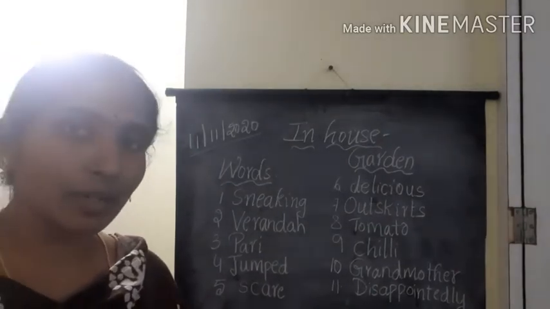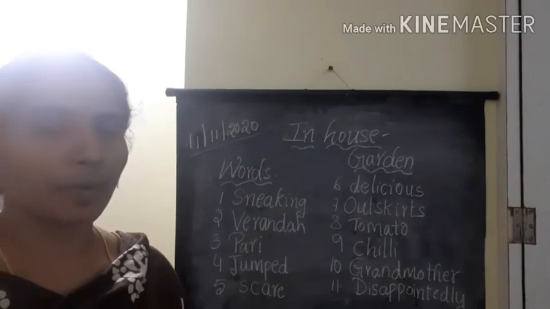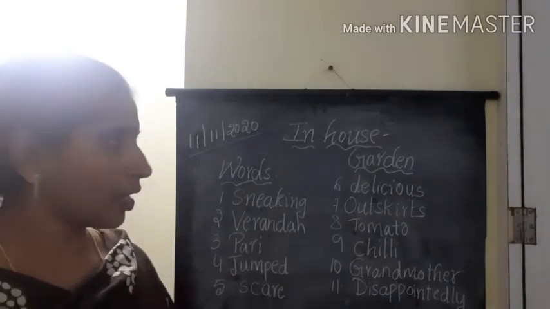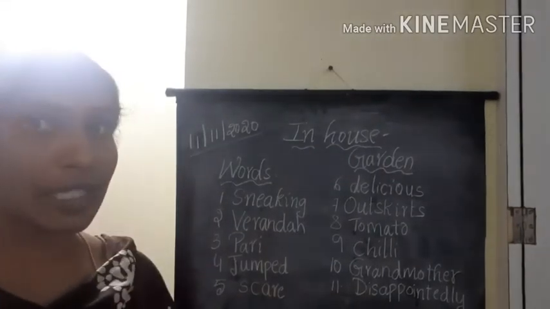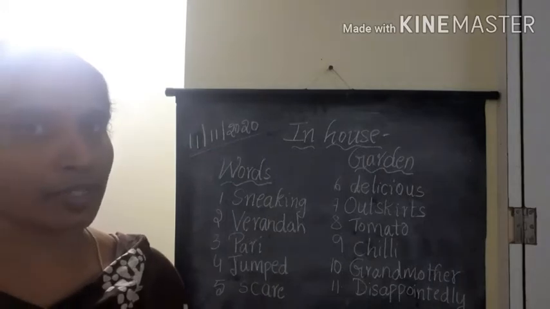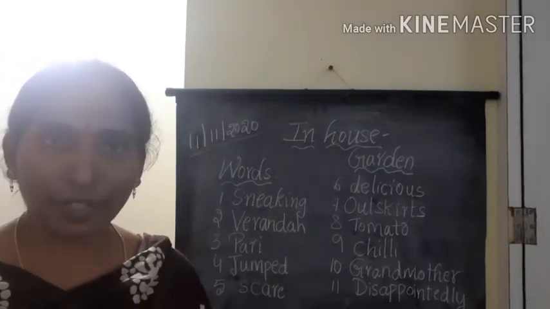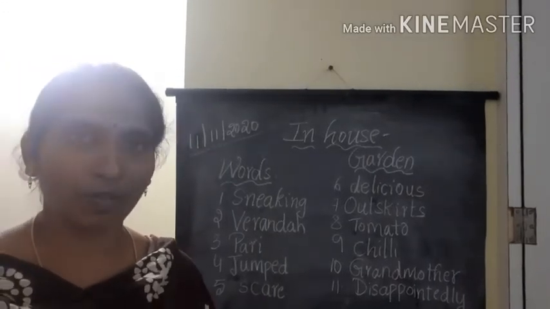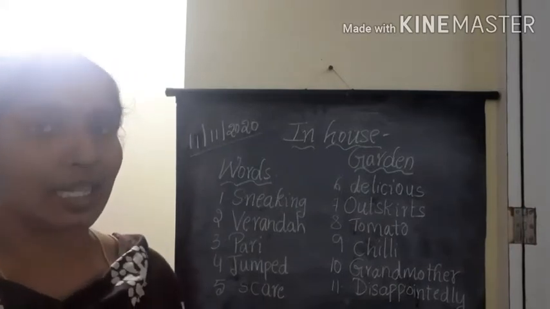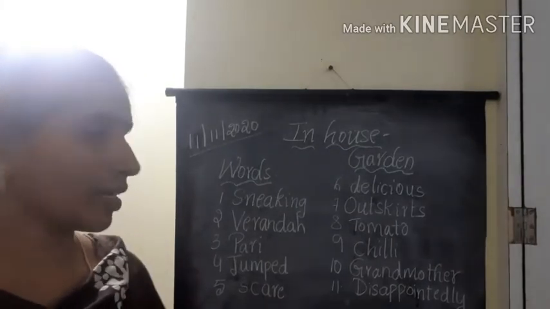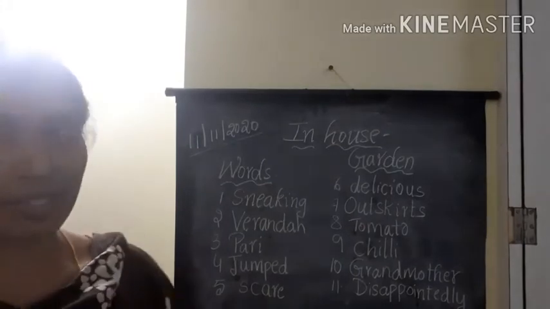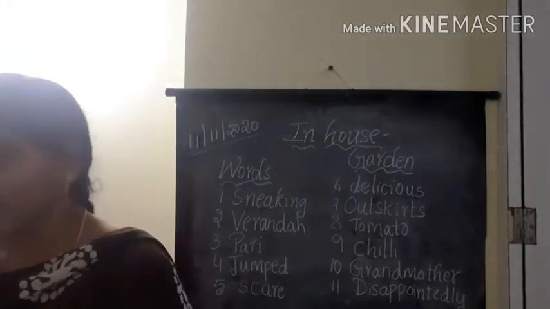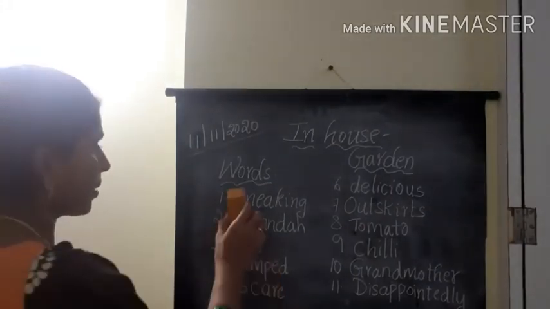Yes, grandmother wants to take only fresh vegetables. But how are the vegetables in the market? Yes, the vegetables in the market are not fresh and have the smell of stale. Stale means bad smell.